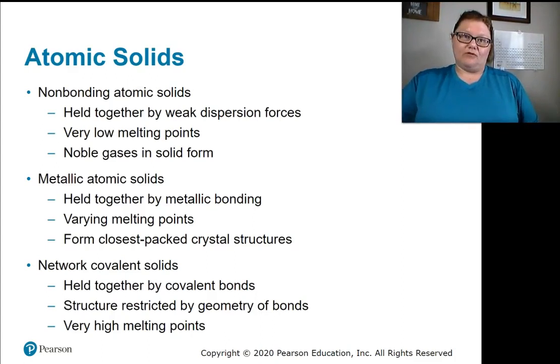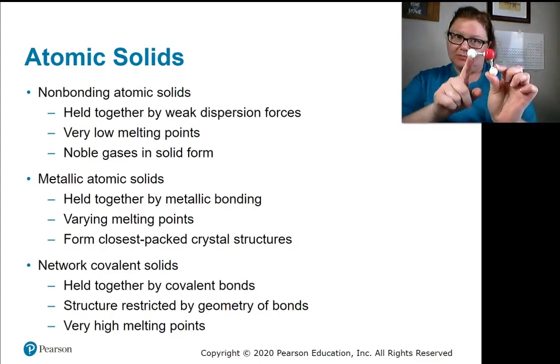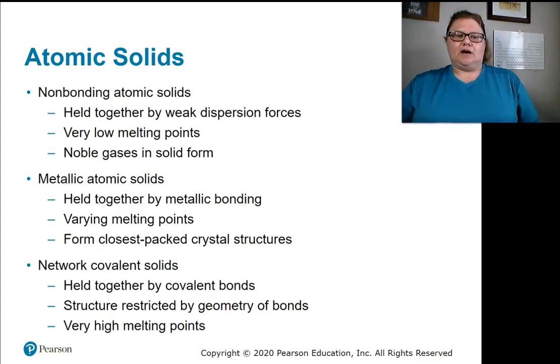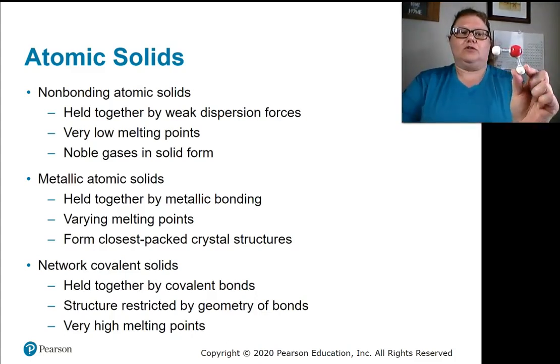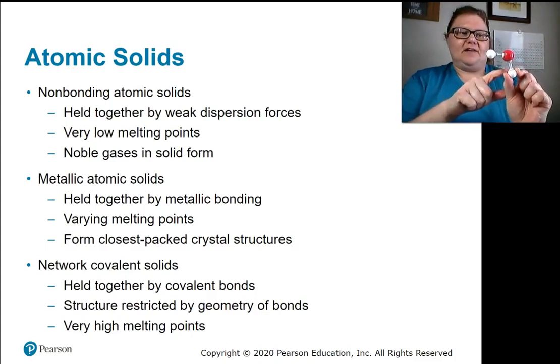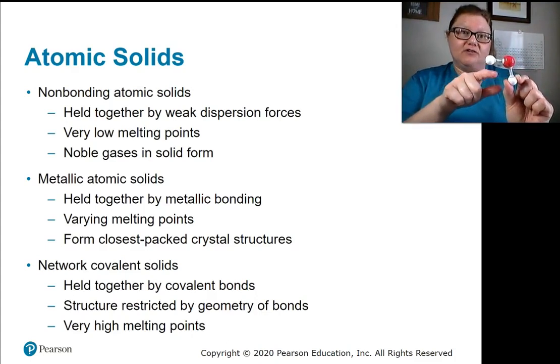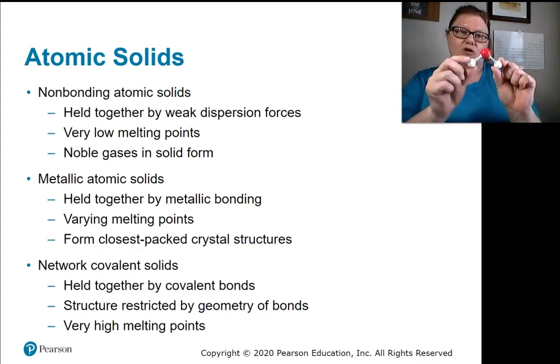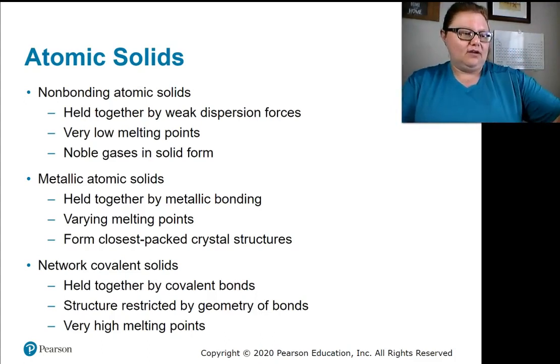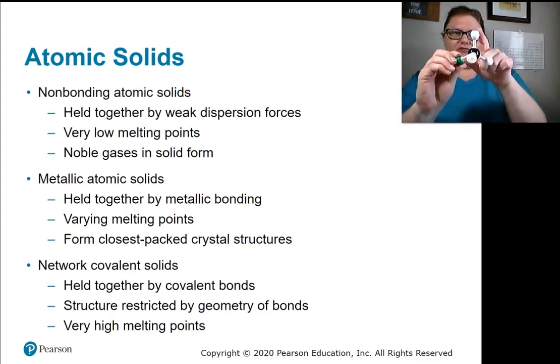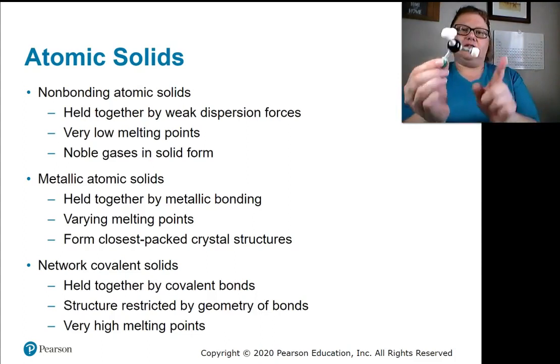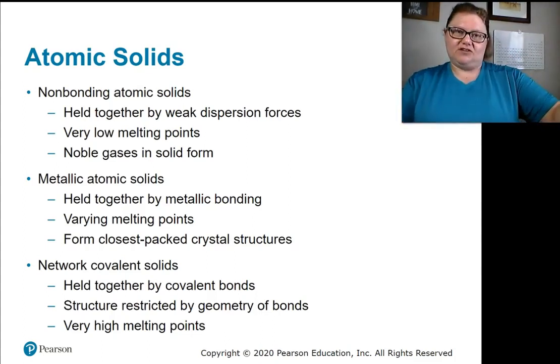And then we had our network covalent. So that was the covalent bonding, which is the equal sharing, right? So like my water, covalent bonds, okay? The structure is restricted by the geometry of the bonds. So back to my water molecule, the water molecule has a geometry of 120 degrees for this bond angle. And so, like that, or if I go back to my tetrahedral of 109.5 for each bond angle, it's going to be restricted by that because of those bonds.